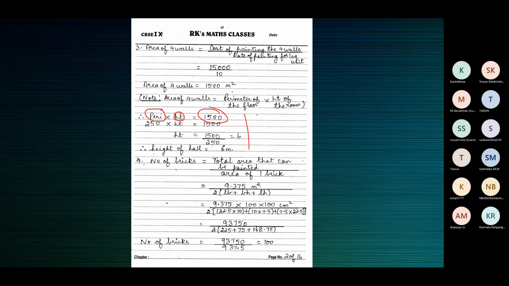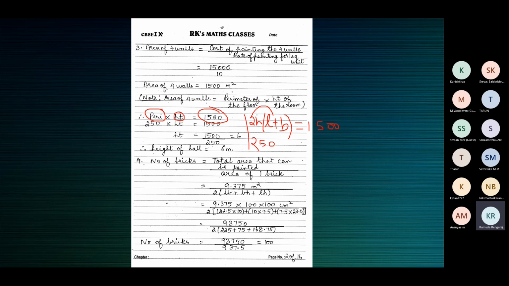You should learn it like this. In case you're not comfortable, you can directly substitute in this formula. This is the CSA: 2h into L plus B is equal to 1,500. Now 2 into L plus B is nothing but perimeter, and that is given to be 250.